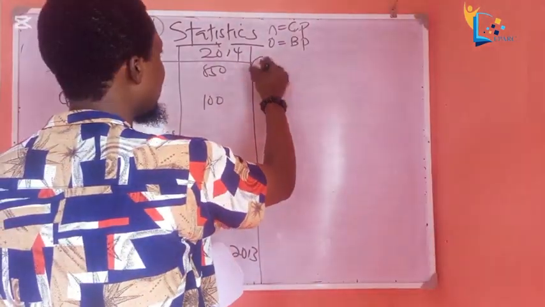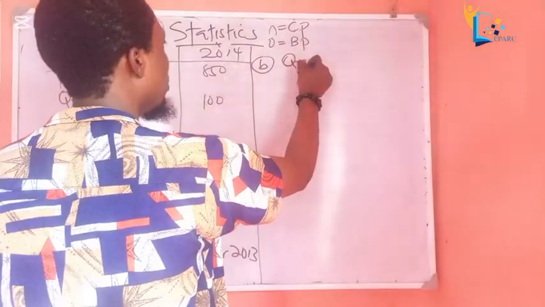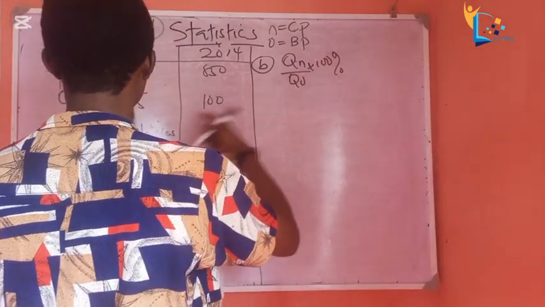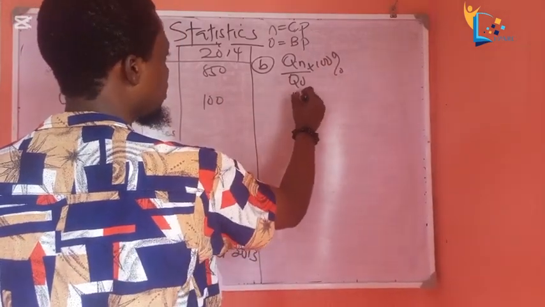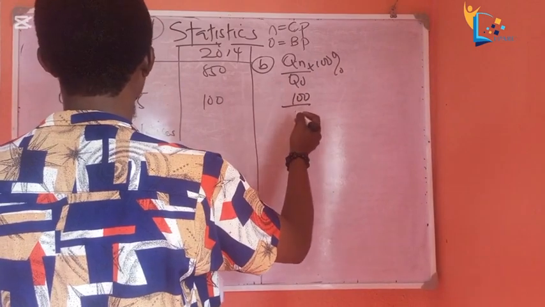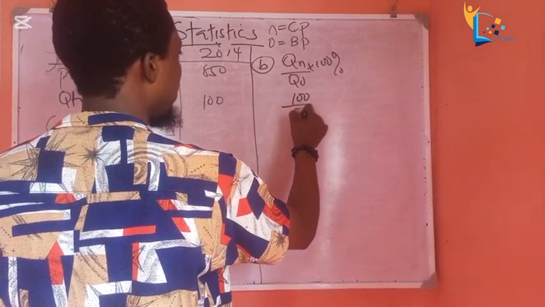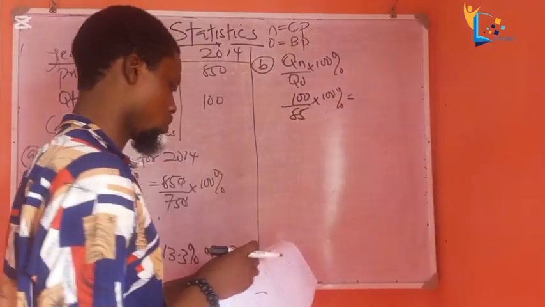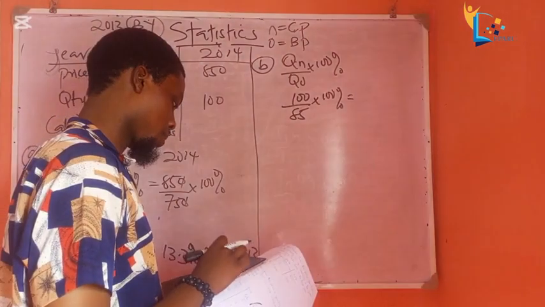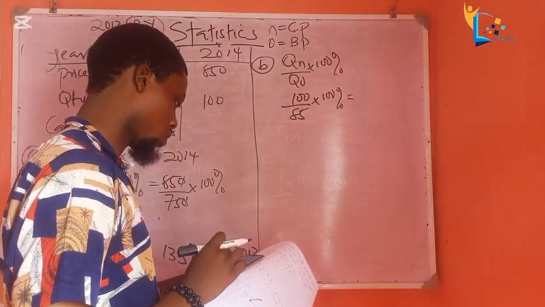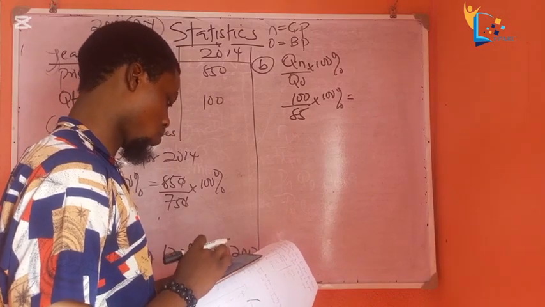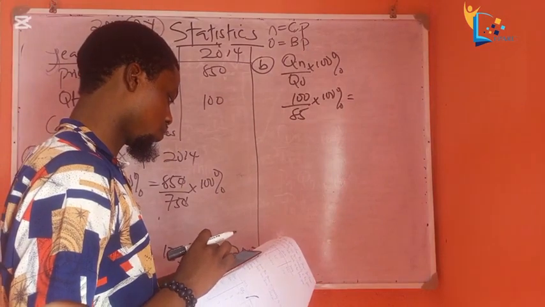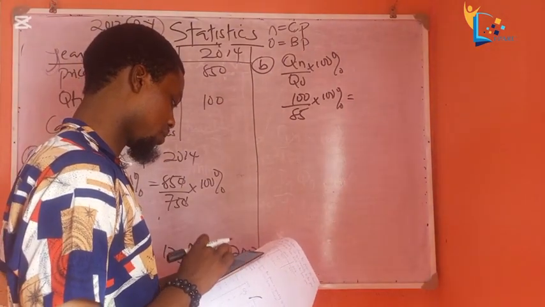Okay, that's for price index. Then for quantity index, we have QN all over QO times 100 percent. So QN here is 100 all over QO here is 85 times 100%, which is equal to 100 divided by 85, which is 1 point, okay, then times 100.